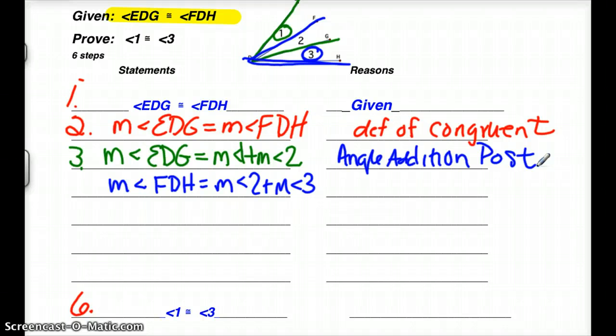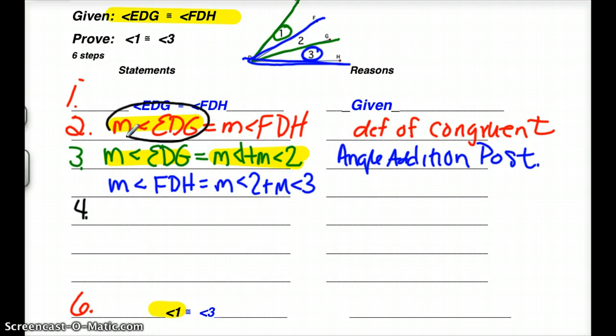Okay, so now moving on to number 4. My goal is to get 1 over on the left-hand side, and this here contains angle 1. EDG equals 1 and 2 added together. EDG is over here on the left-hand side, so I'm going to take this 1 and 2 and do a substitution.